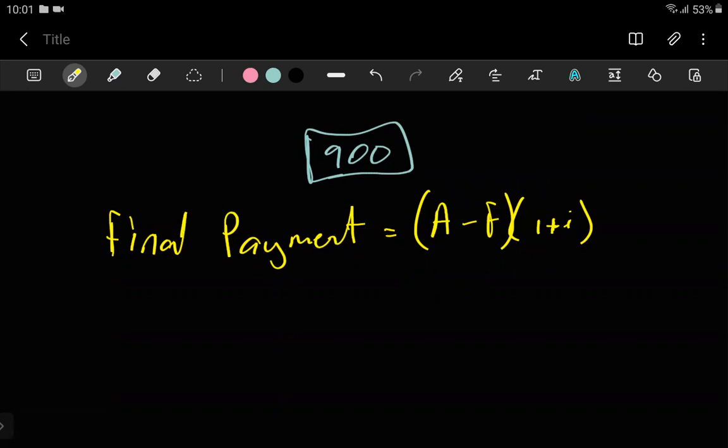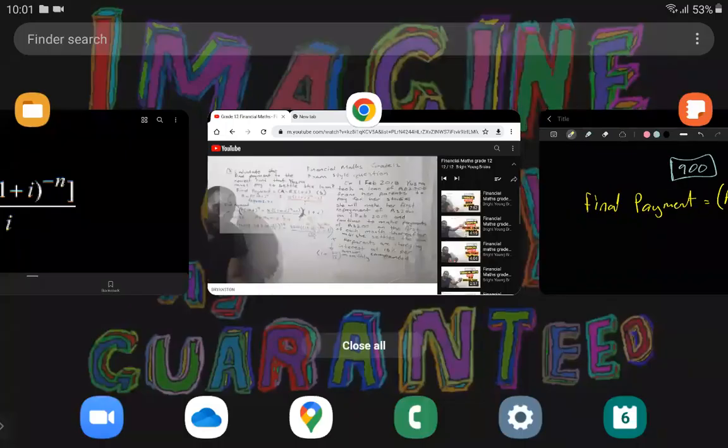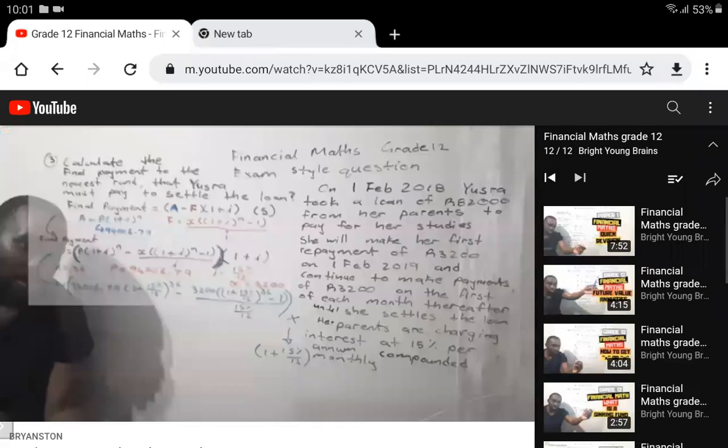And then whatever that value is, that's what you have to pay. I'll repeat, this will be telling you the balance at the very end of your installment period. Then they're going to add interest to it once, and whatever is left, that's what you have to pay. So final payment is just the A formula there, the F formula there, then 1 plus i over there.